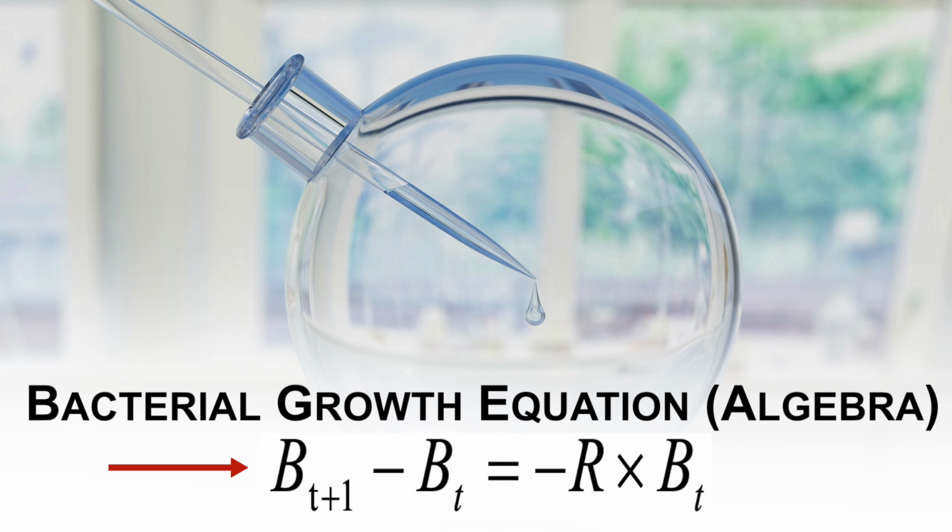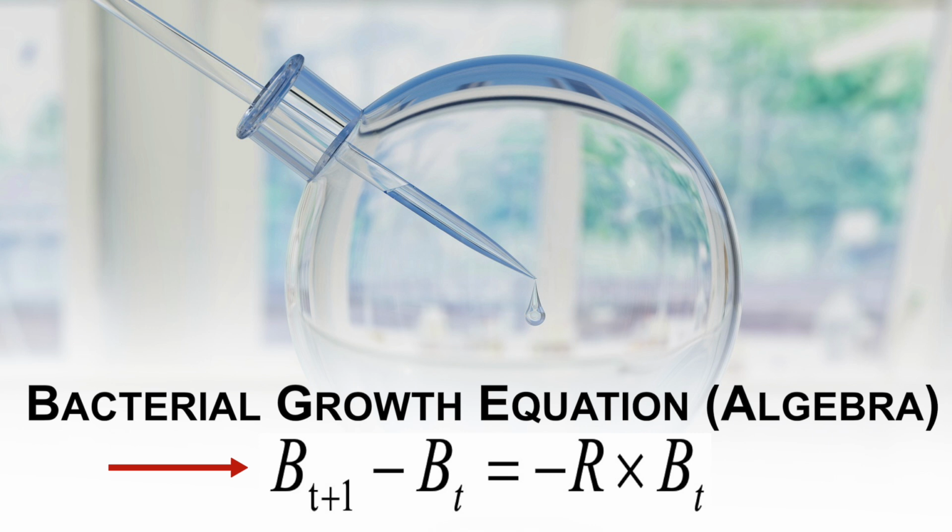Then we have to deal with solving this equation for the roots: Bt+1 minus Bt. B is the bacteria, t is the time or time index, Bt is the density of bacteria at time t. Bt+1 is again the density of bacteria after t+1 time.